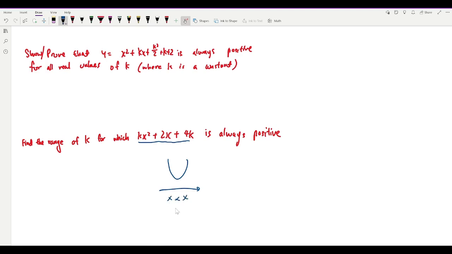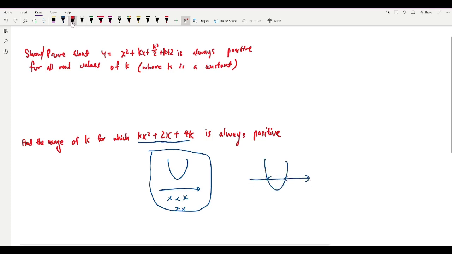If any point of your graph reaches below the x-axis, that will make it negative. So there'll be a range for which your graph is U-shaped and above the x-axis, and a range for which it cuts the x-axis. So there's a portion of your graph that is below zero. So you must identify the range that shows this case.